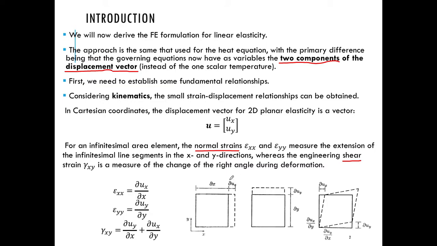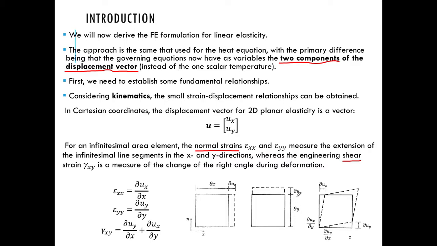That is, the change in the x line segment divided by its original length. So it can be written as del ux with respect to del x, where ux is our displacement in the x direction.